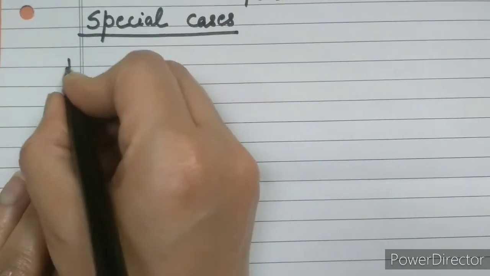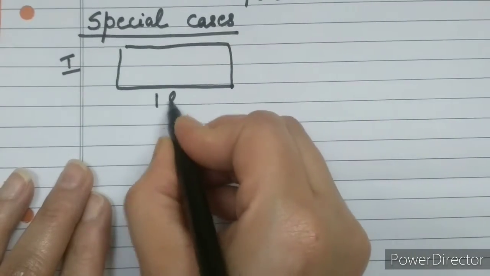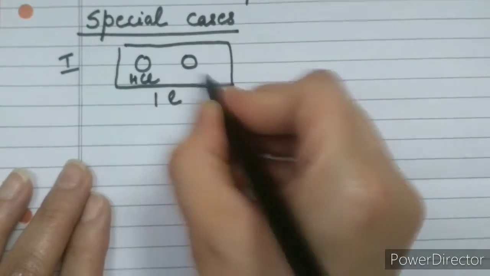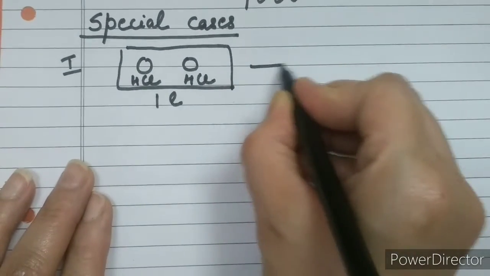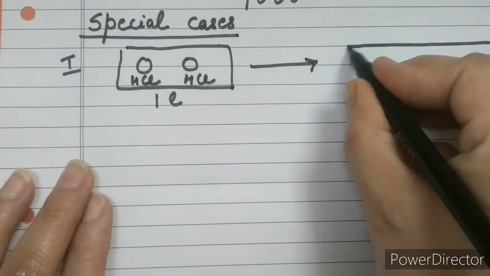Take the first case, on adding water. That means if I am diluting a solution, so let's take a hypothetical case where the solution is 1 liter and I have 2 moles of HCl in that solution. Now what I do is I add 1 liter of water to the same solution.